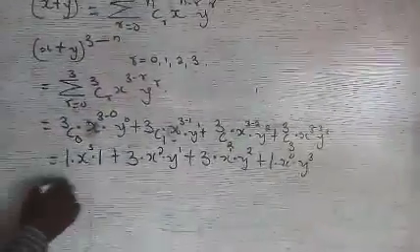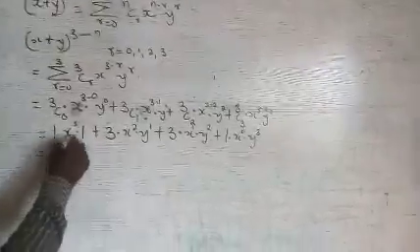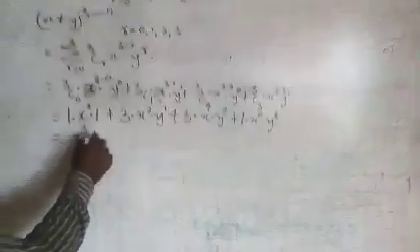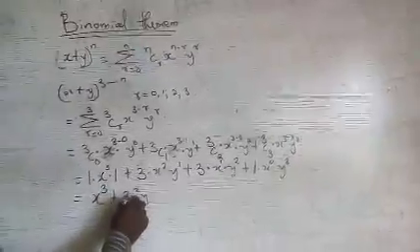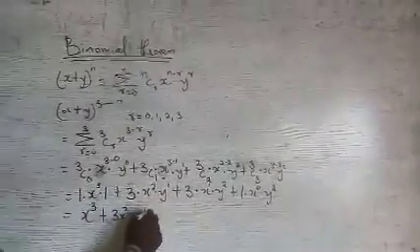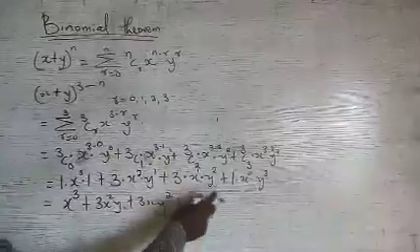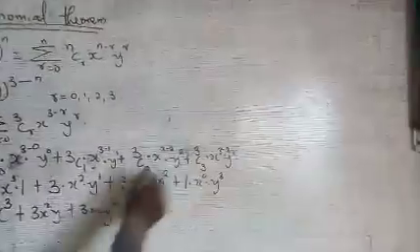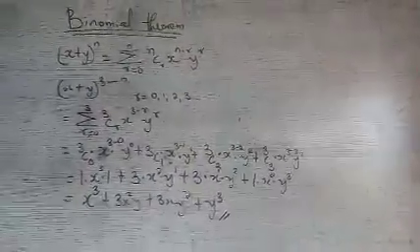Now, when you simplify this, 1 times x raised to the power 3 times 1 gives us x cubed, plus 3 times x squared y, plus 3x y squared, plus 1 times 1 times y raised to the power 3. So that is the required expression.